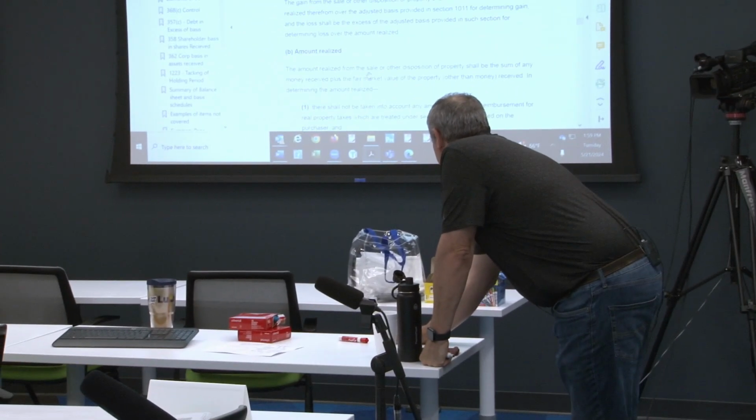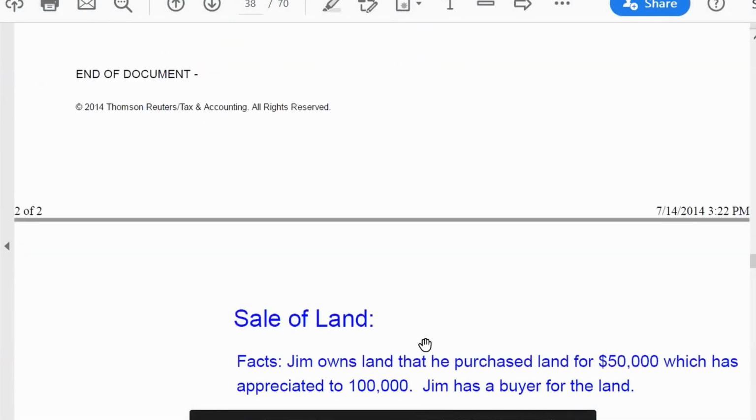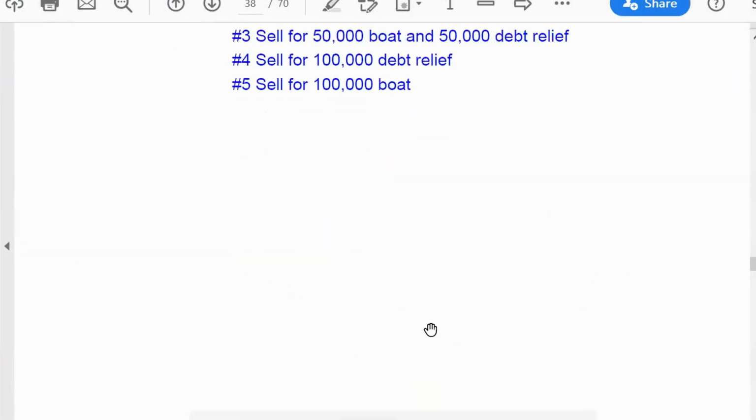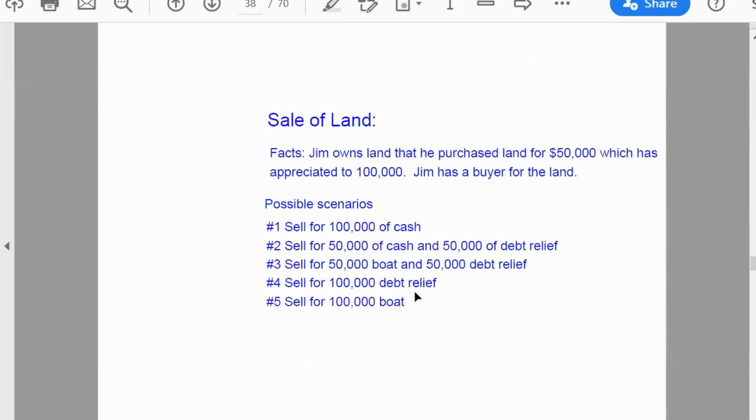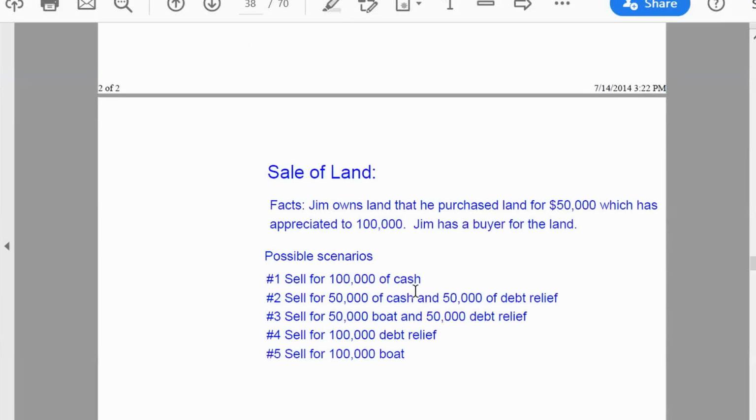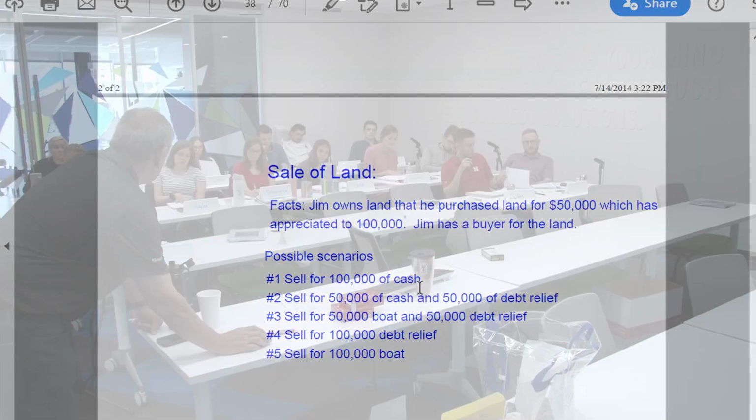What 1001 basically says is proceeds versus basis, and that's your gain. But 336 and 311 have the concept of fair market value: you have to compare the fair value of the asset to the basis of the asset to come up with a gain and report it.